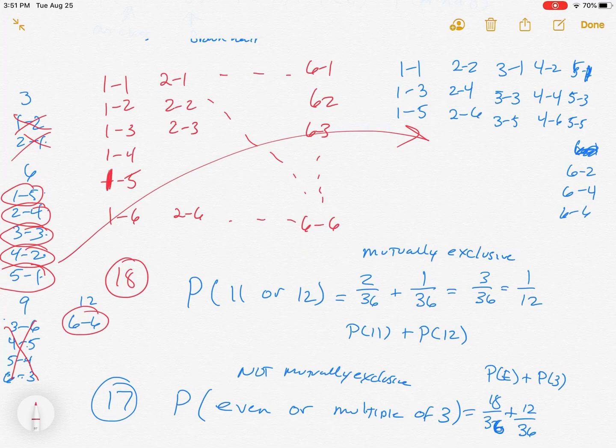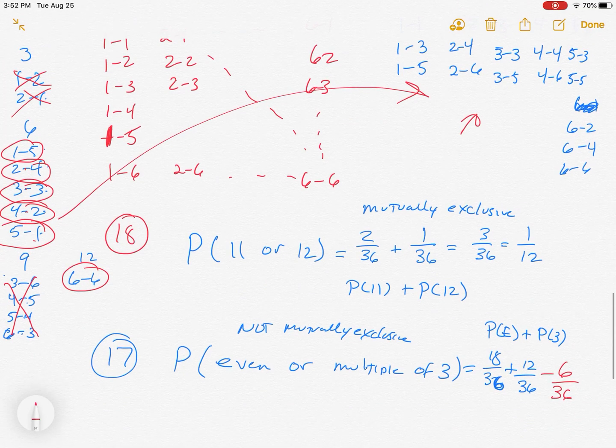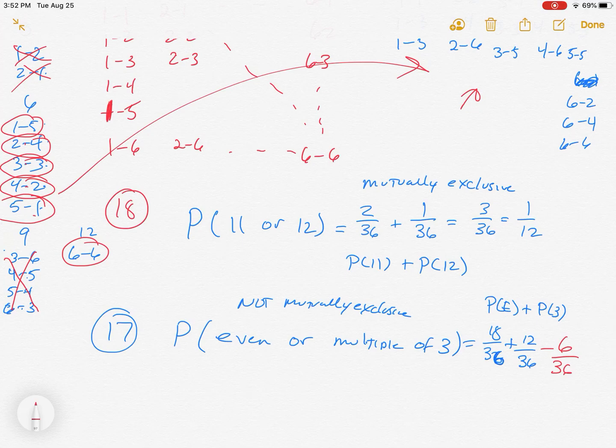But this is an even number, 12. So we have 1, 2, 3, 4, 5, 6 that have been double counted. They've been counted once as even results, and they've been counted a second time as multiples of 3. And so we would add those up. 18 and 12, that's going to give me 30, minus 6. That's 24 out of 36.